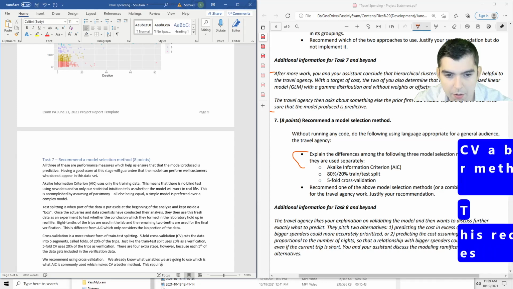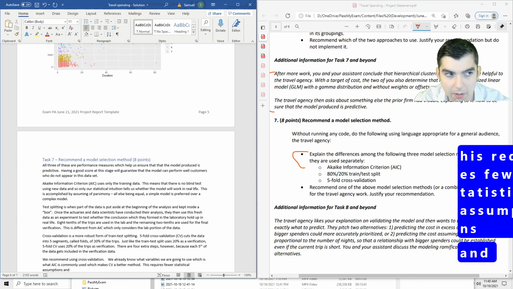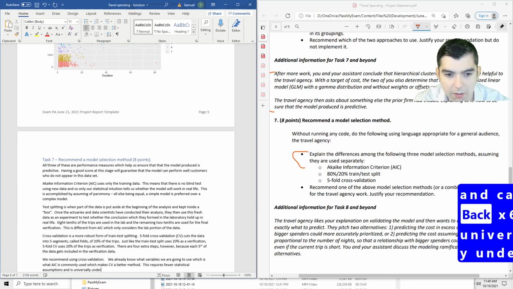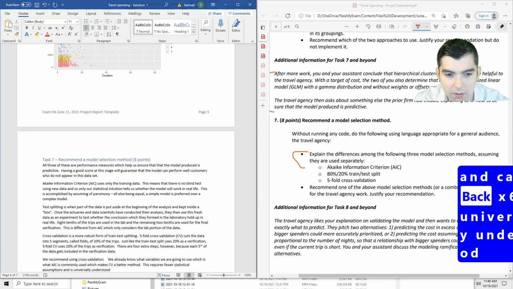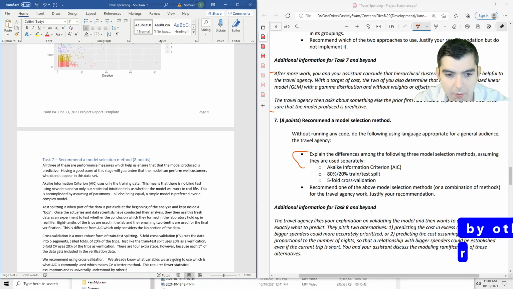This requires fewer statistical assumptions, and is universally understood by other researchers.